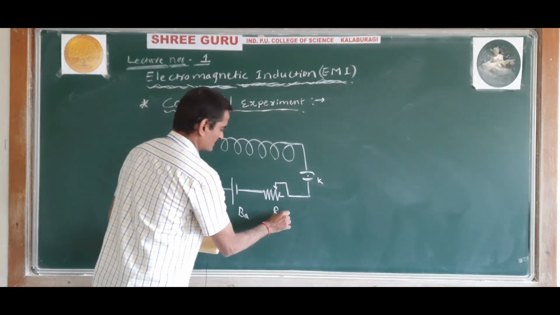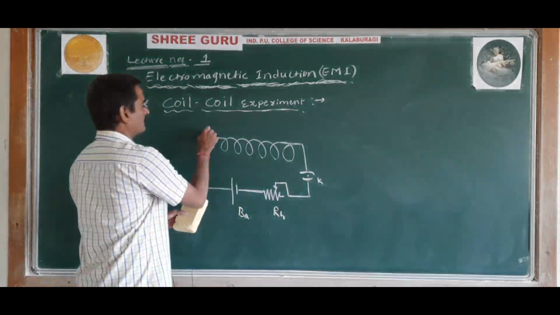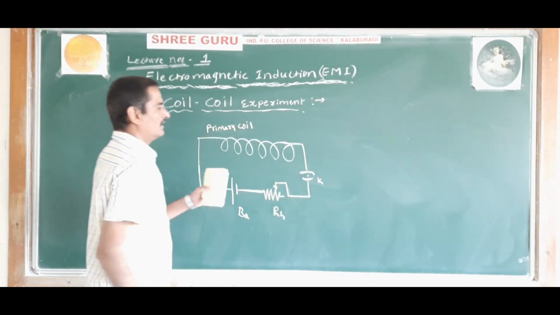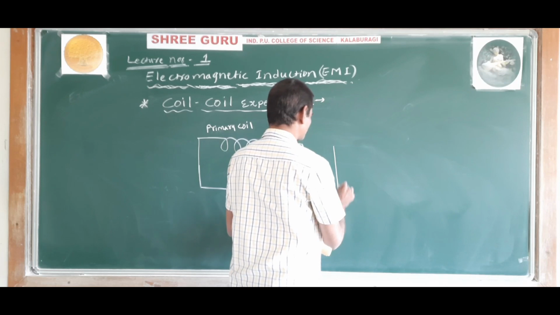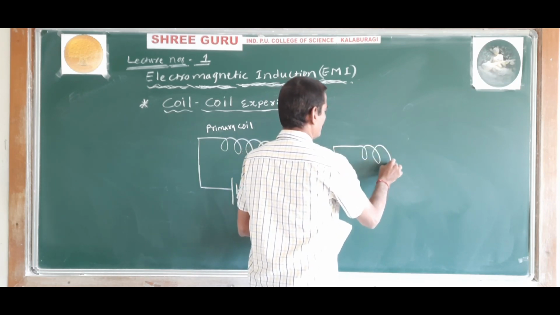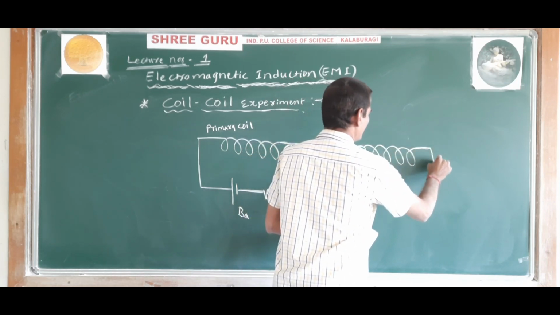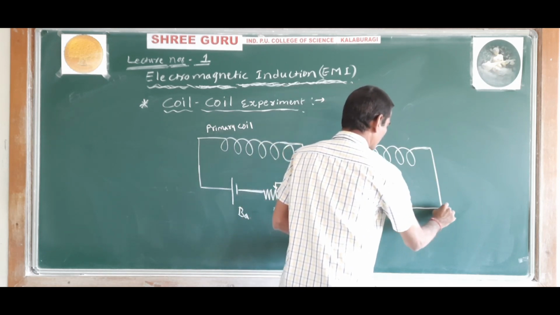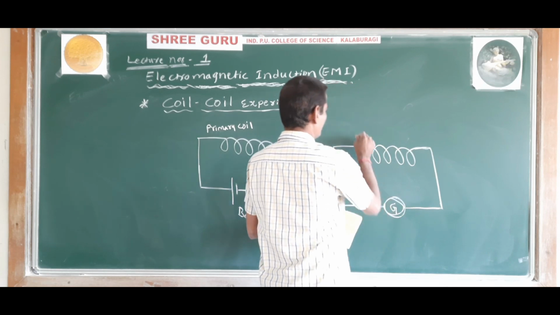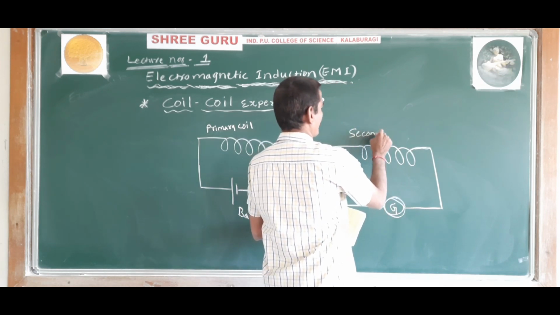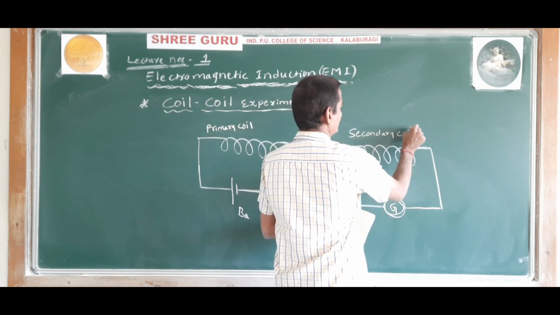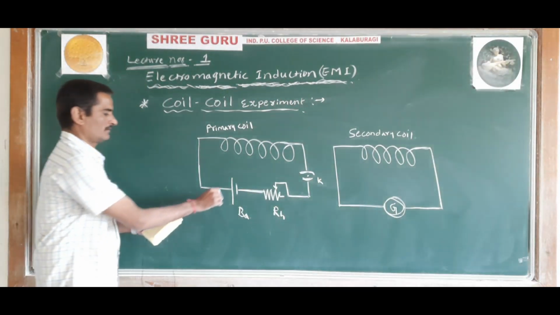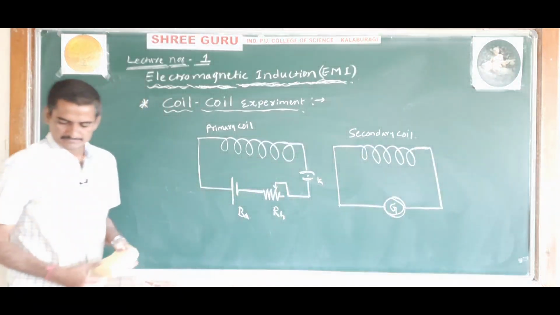Battery, rheostat, plug key, I will use all three. This is called the primary coil, and there is another coil, connected to the galvanometer. This is the secondary coil. So now this is the coil experiment.